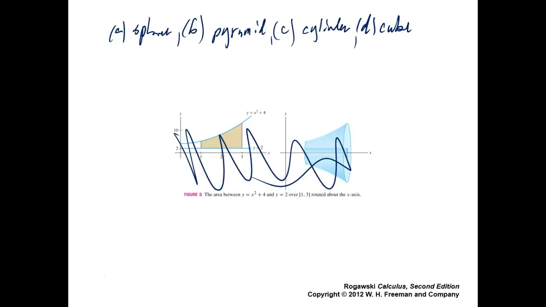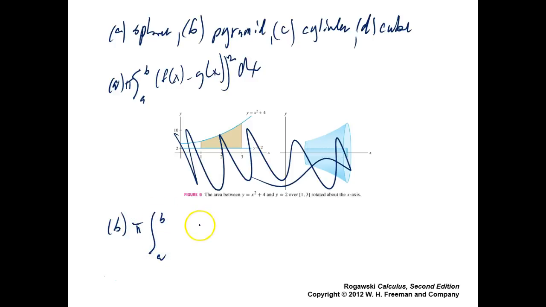A here is pi times the integral from a to b of f of x minus g of x, quantity squared, dx, and the B part here is pi times the integral from a to b of f of x squared minus g of x squared dx. Okay, and you already said B, yeah, for sure.